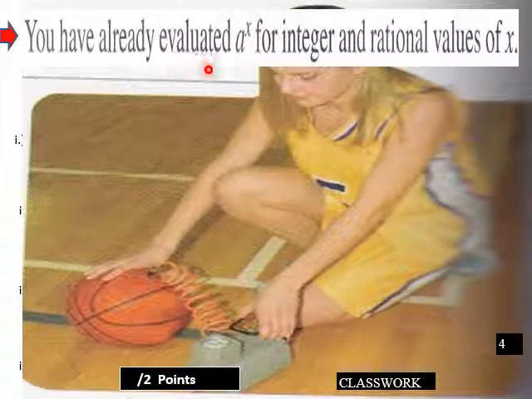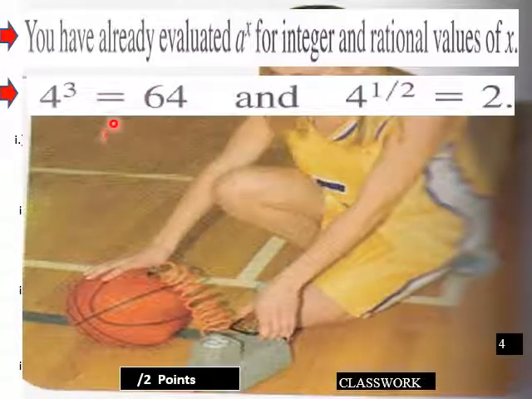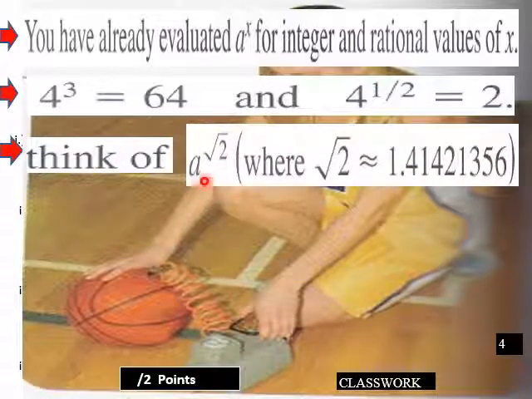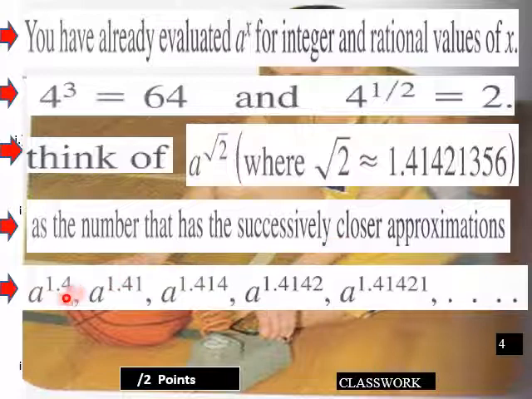Okay, so you've already evaluated a to the x for integer and rational values of x. 4 cubed, and 4 to the 1/2 power is 2. Think of a to the square root of 2, where square root of 2 is 1.4142136, as a number that has successively closer approximations, 1.4, and then we extend out this decimal as we get closer and closer to the actual square root of 2.